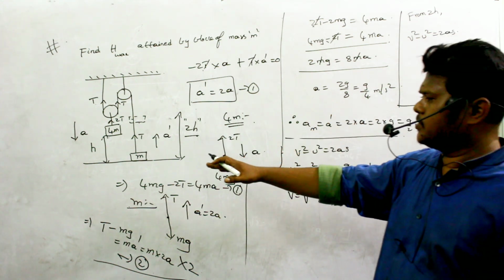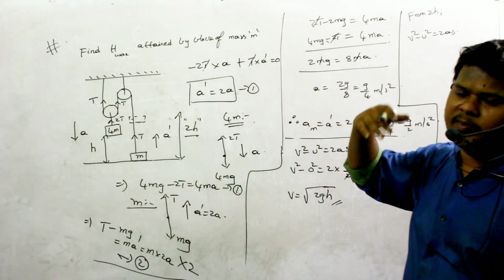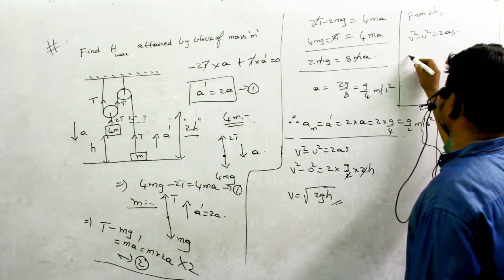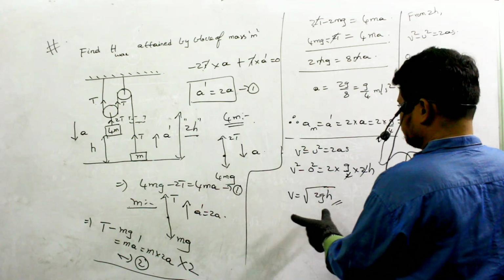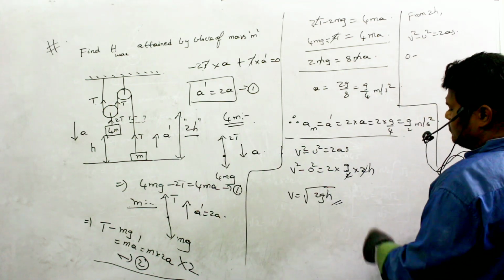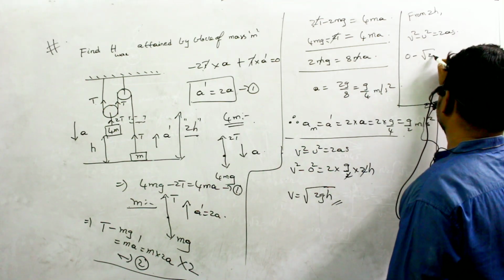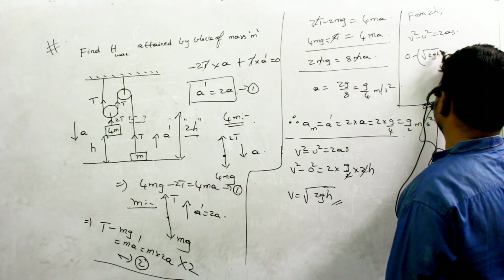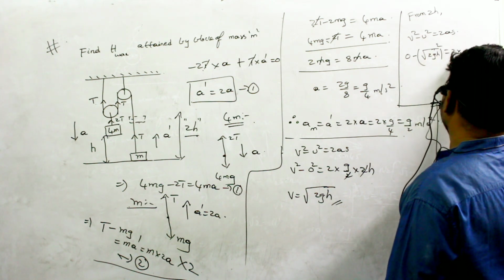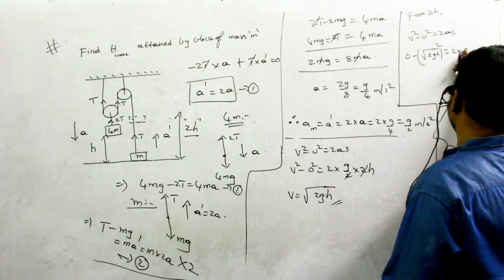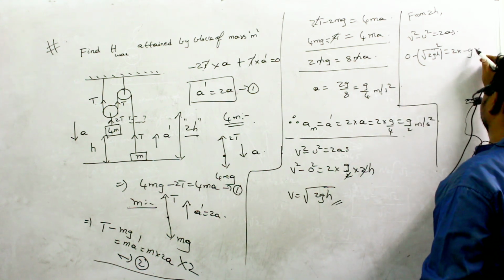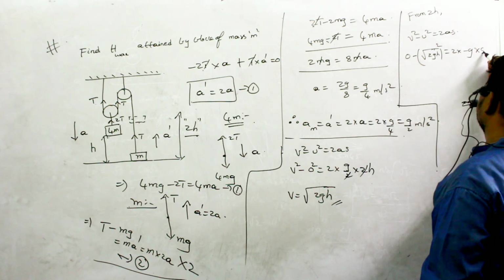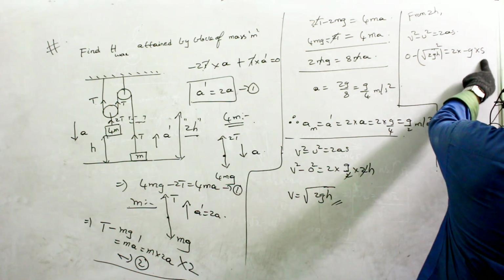So after this, if it reaches the maximum height, then final velocity becomes 0, and at a height of 2h, it is having an initial velocity of root 2gh. So 0 minus root 2gh whole square is equals to 2 into minus g into, instead of s, I can write d.